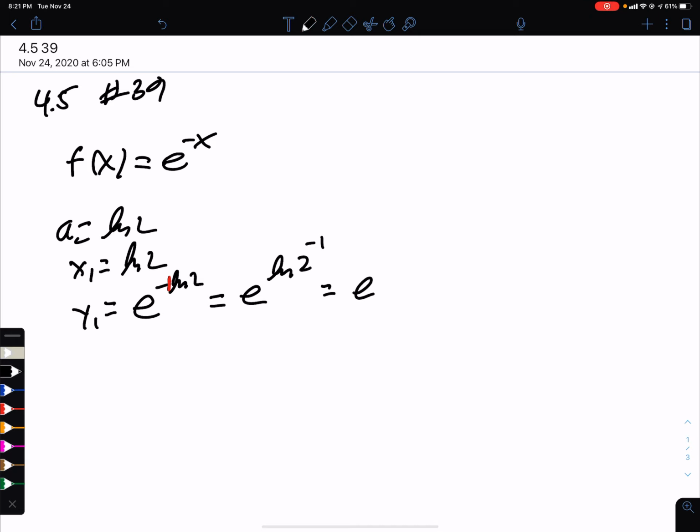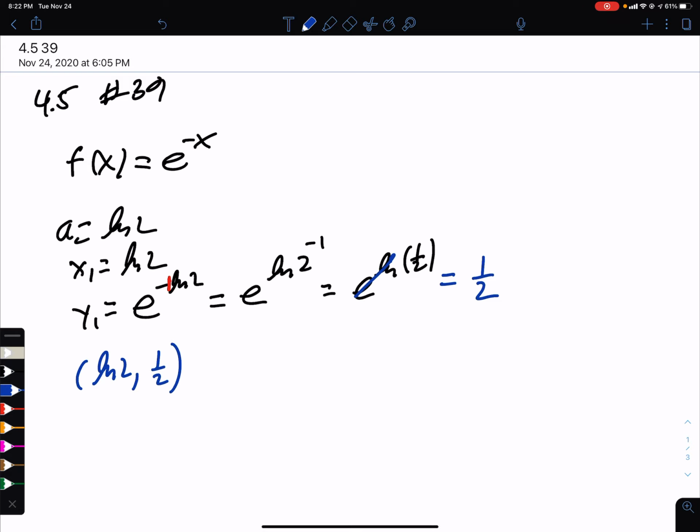And that becomes 1/2 because you reciprocal that. And e and ln are inverse functions. They cancel out, leaving you with 1/2. So our x1, y1 is going to be ln of 2, 1/2. So that's going to be our point of tangency.